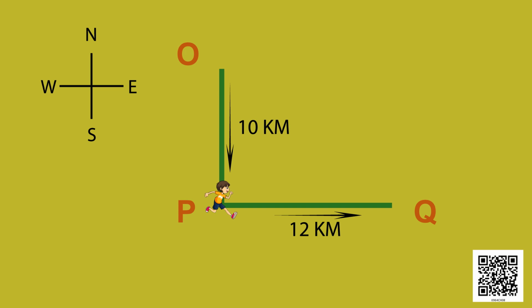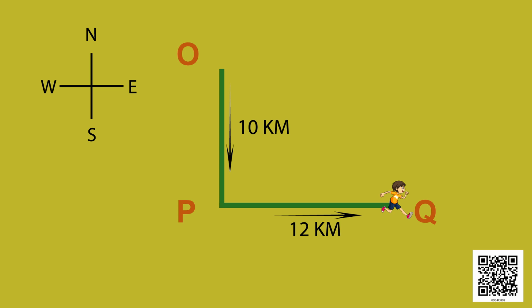After travelling a distance of 10 km, that is the distance OP, Balbir turns towards east and covers a distance of 12 km in the east direction. So PQ equals 12 km.